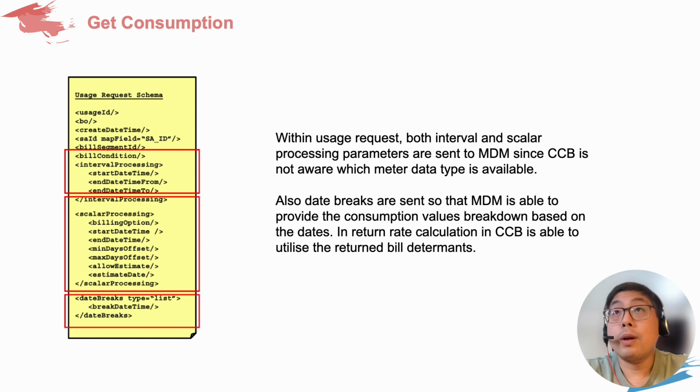Throughout time, for the same service point, it could initially be a dumb meter and then migrated to a smart meter. So we could have different types of consumption recorded throughout the time, and MDM will be aware of that because MDM is master of the device, but CCMB doesn't actually know.